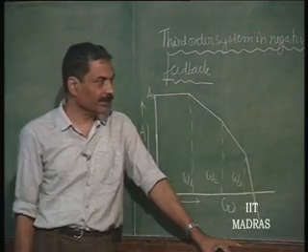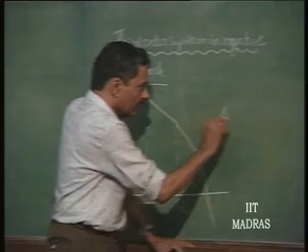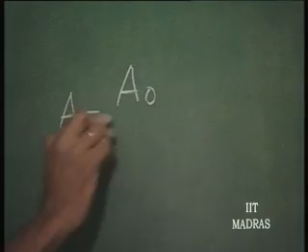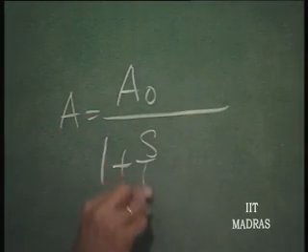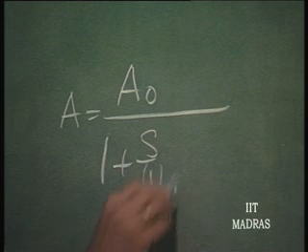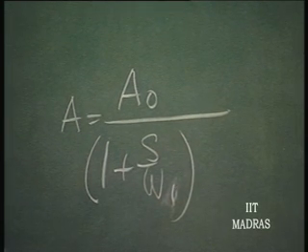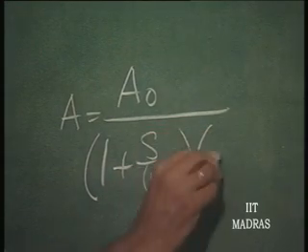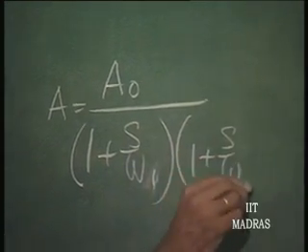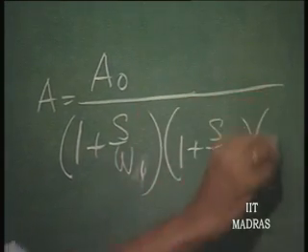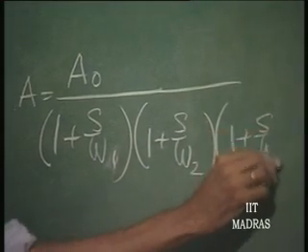It can be interpreted in the following manner: A was equal to A naught by 1 plus S by omega 1, actually we will call it omega 1 now, the first corner frequency, times 1 plus S by omega 2, the second corner frequency, times 1 plus S by omega 3.